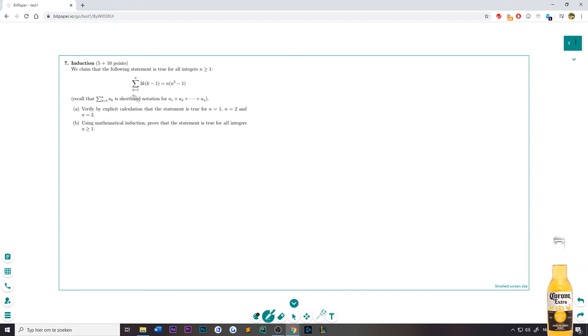So now we have to use mathematical induction to prove that the statement is true for all integers bigger or equal than 1. So, well, base case, n is 1. We've proven that n is 1 holds, right? That's what we've done here. So we don't have to do that one anymore. So base case is proven. So now we assume some m bigger than or equal to 1, right?